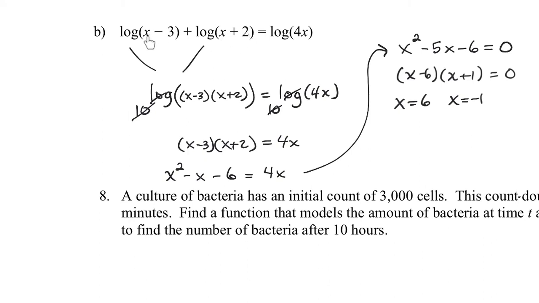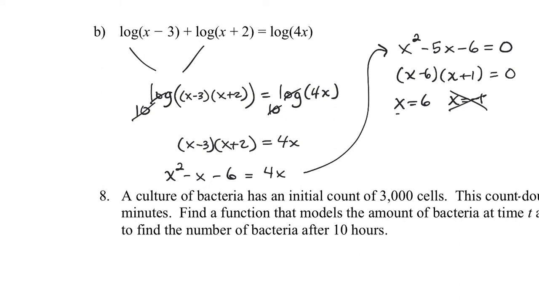So it's fine here, but if you plug it in here, negative 1 subtract 3 is negative 4. Log negative 4 is undefined, as is right here. Log 4 times negative 1 would be negative 4. Log negative 4 is undefined. So x equals negative 1 is what we called in class an extraneous solution. It's a solution that's outside the domain for this function.